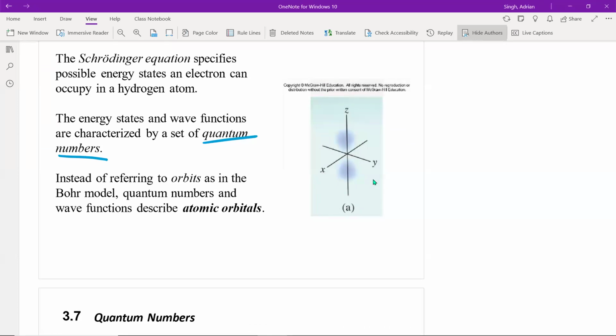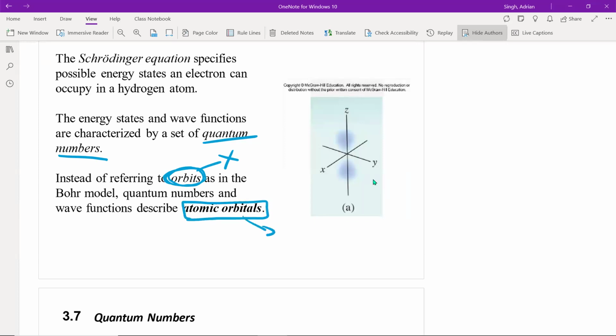So one big change compared to the Bohr model: we said that with the planetary model that Bohr used, we had the orbits that describe the energy levels, or how far away the electron could be from the nucleus. Instead of using orbits, we're going to be using these quantum numbers and the wave functions that are going to describe what are known as atomic orbitals.